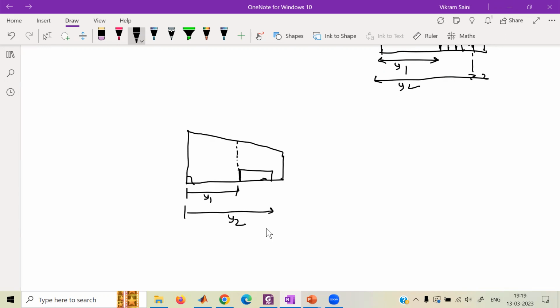Whatever C you have, it also has a taper. Your aileron also has a taper because you can't keep it rectangular when your wing has a taper. So the aileron will have a taper. We can define that taper as something like this. Let's say the chord length of the aileron is CA, and the chord length of the wing is CW. And you can take it probably as 1 by 4.